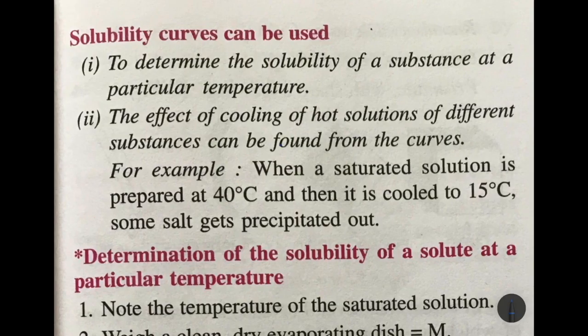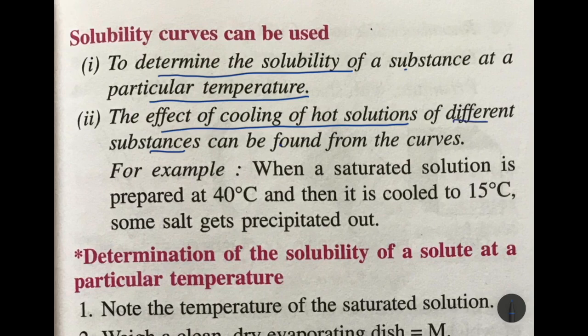So the solubility curves that are seen in the graph have two uses. First is to determine the solubility of a substance at a particular temperature. So how much of the solute can dissolve in the solvent at a particular temperature can be determined by just looking at the graph. And the next is that the effect of cooling of hot solutions of different substances can be found from the curves. How?